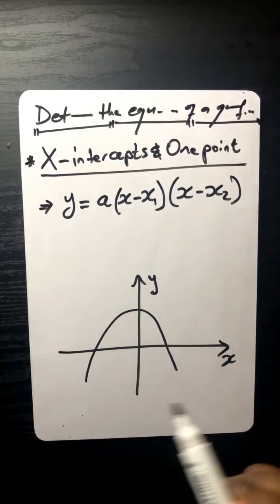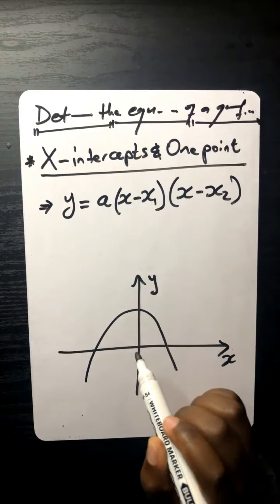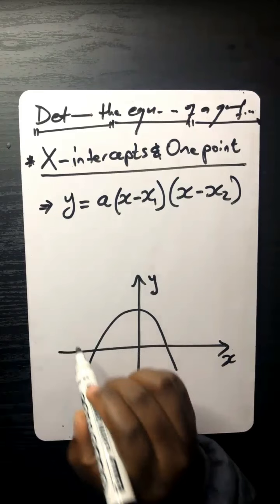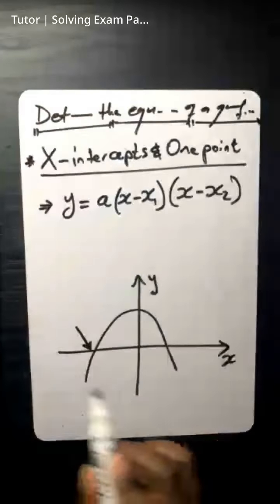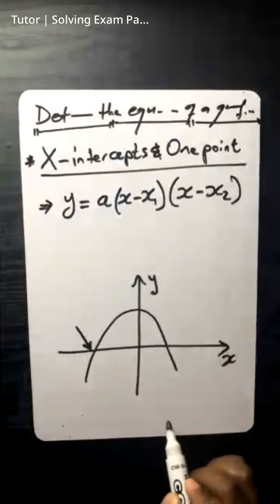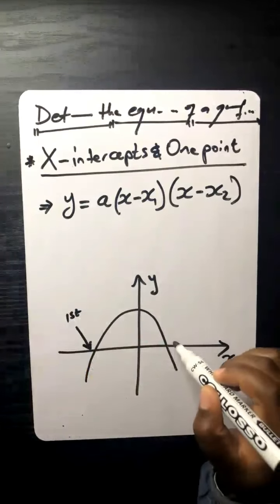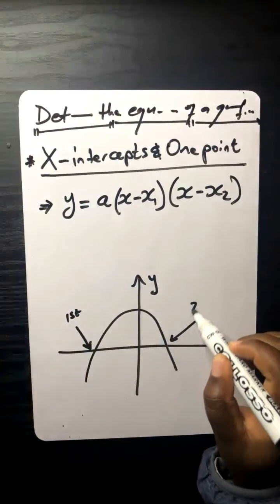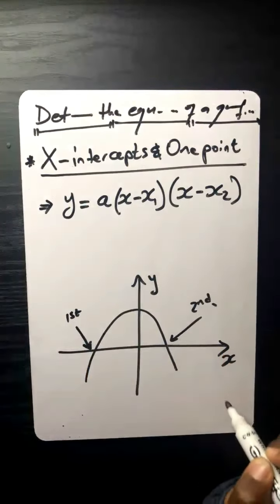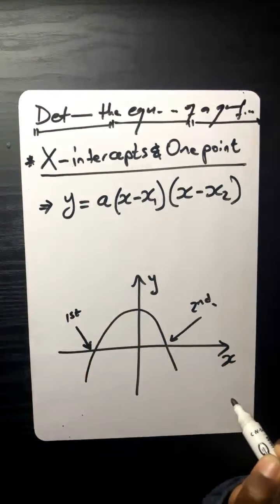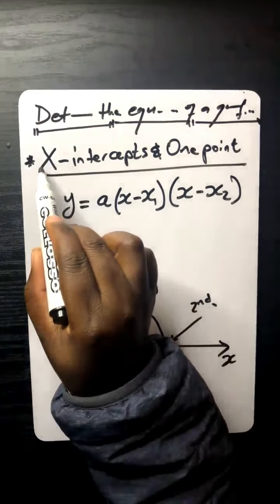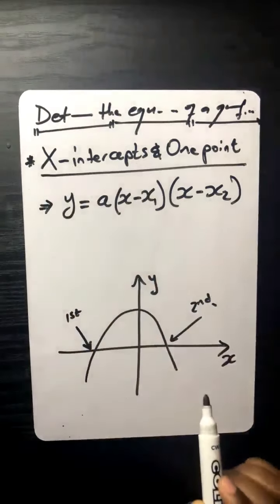Remember, guys, the x-intercepts are where your parabola touches the x-axis. This is going to be your first x-intercept, and this is your second x-intercept. That's what it means when they say you are given x-intercepts.